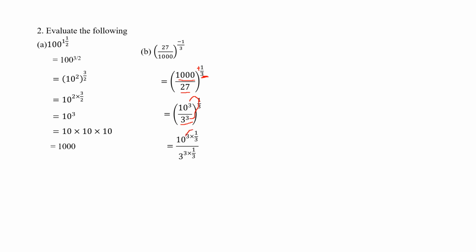So this is what I'm talking about. And then also in the denominator, when you simplify that, we shall be having 10 power 1 and 3 power 1. The 10 power 1 is the same as just 10. That is, we said any number power 1 is that very number. So the 10 power 1 is the 10, and the 3 power 1 is the 3.